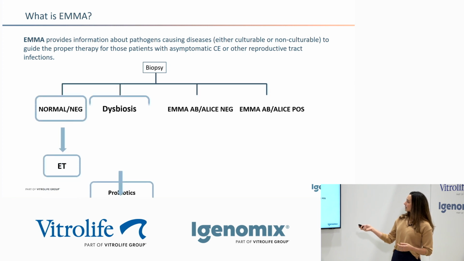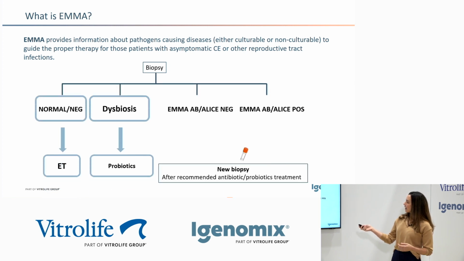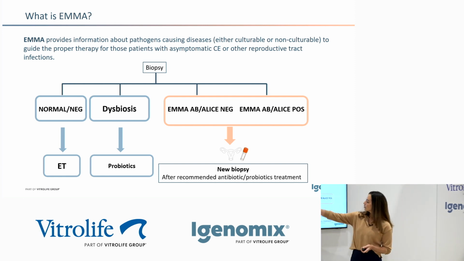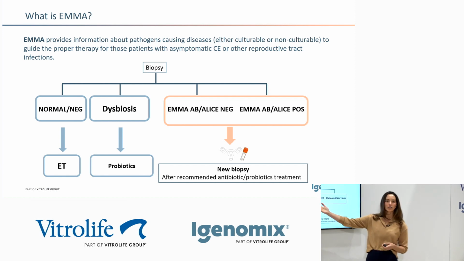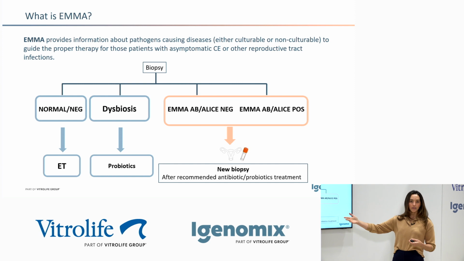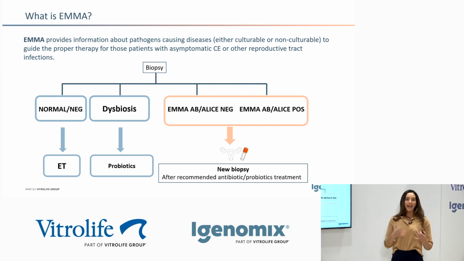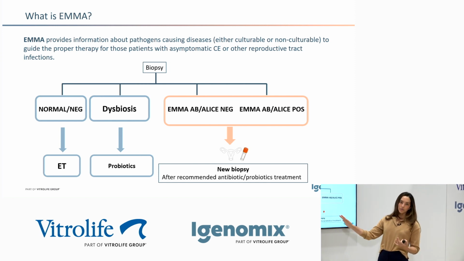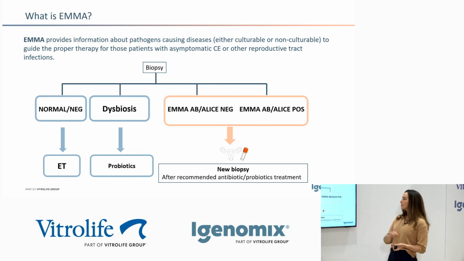So looking at the process here, if we have, let's say, normal results, the recommendation is to transfer within the next month. We know an optimal microbiome is present, and since the microbiome can be transient in nature, especially affected by external things such as antibiotic use, sexual intercourse, hygiene, clothing, etc., we want to ensure this optimal situation and transfer as soon as possible.